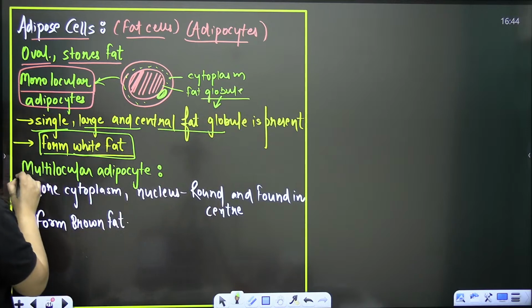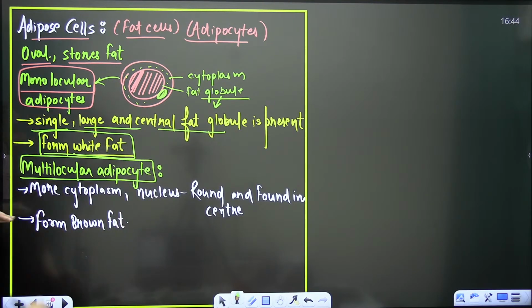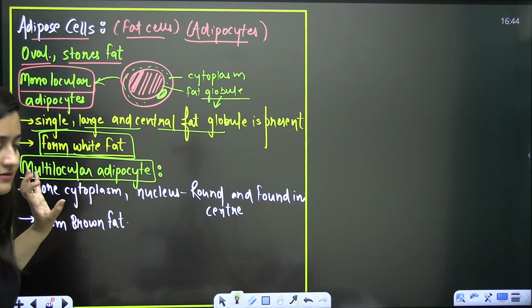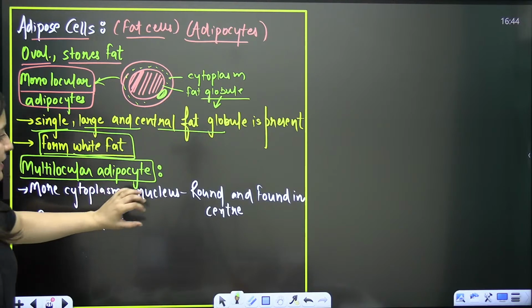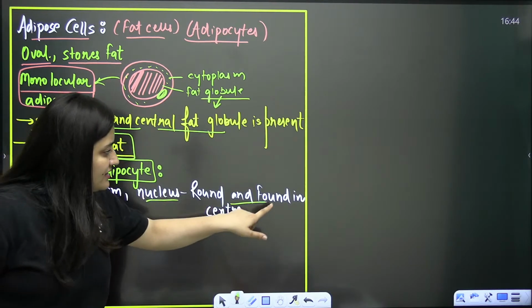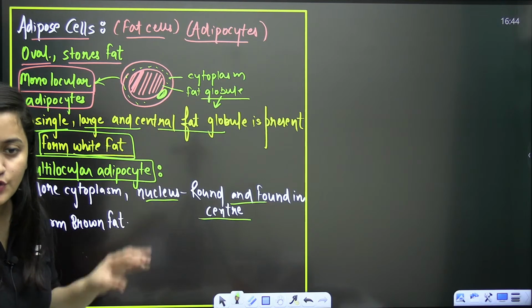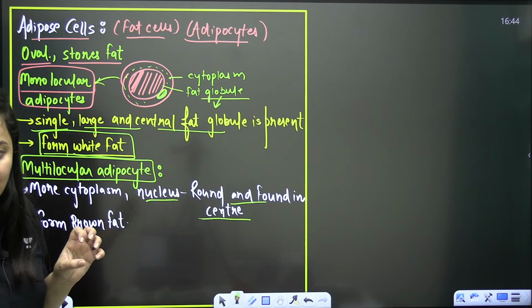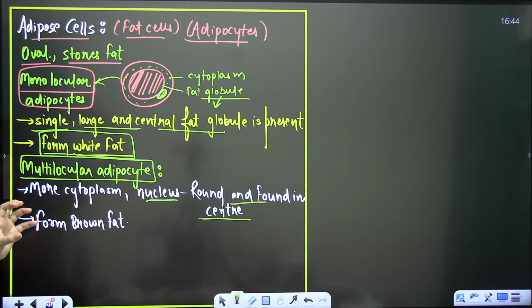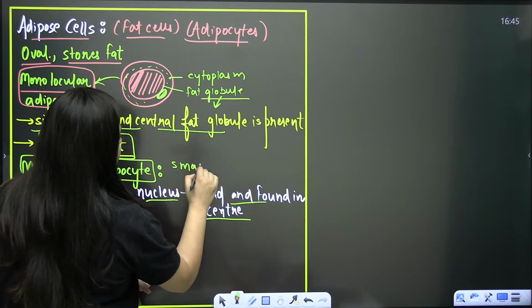And multilocular adipocytes have many fat globules and more cytoplasm, so their nucleus is round and found in the center. The nucleus is small here. Done, bache? So in the monolocular adipocyte, the large, central fat globule is present. Clear, bache? In multilocular adipocytes, small fat globules are present. Okay.